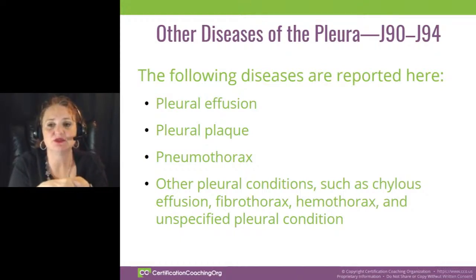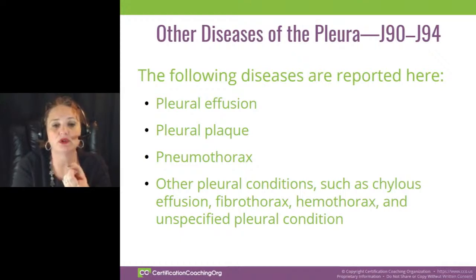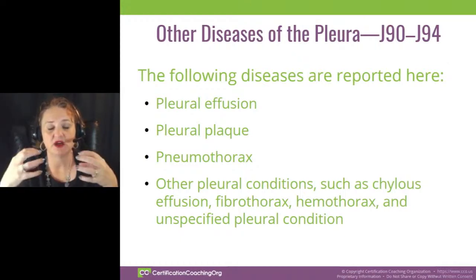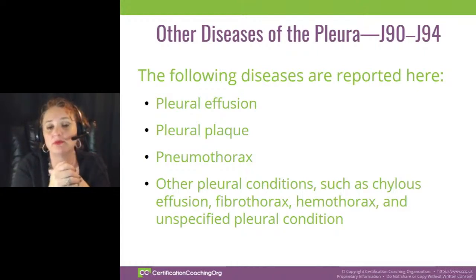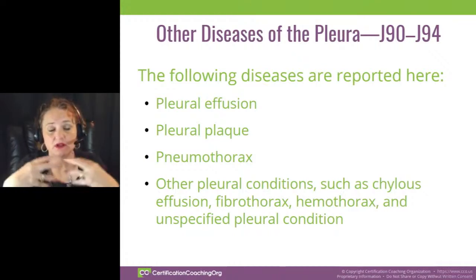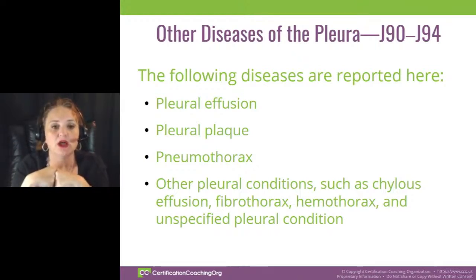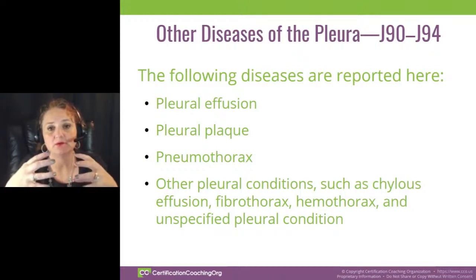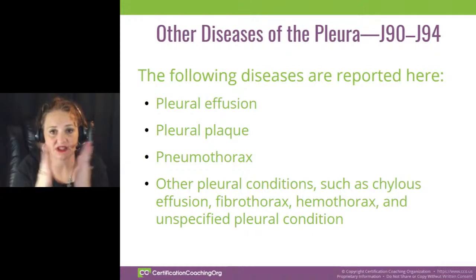So J90 through J94, we can have pleural effusion. That means we have buildup of fluid in the pleural cavity. Pleural plaque is exactly what it sounds like, the plaque that builds up, like cholesterol in the vascular system. You can have this plaque build up in the pleural cavity. Pneumothorax, which is a buildup that starts smashing the lungs.